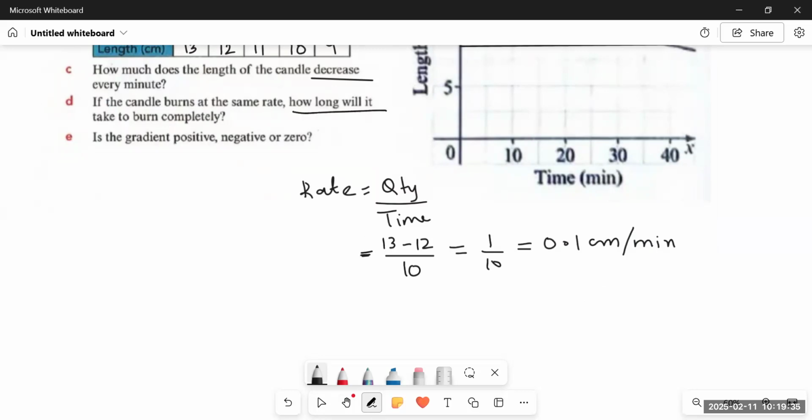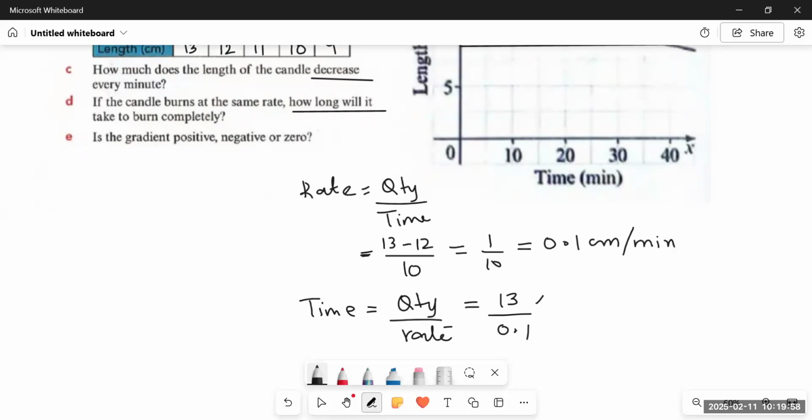How long will it take? I told you in the previous question that whenever the question says how long will it take, it means you have to find out the time. And we already know time is equal to quantity upon rate. The quantity is the total length of the candle, which is 13, at the rate of 0.1 centimeter per minute.